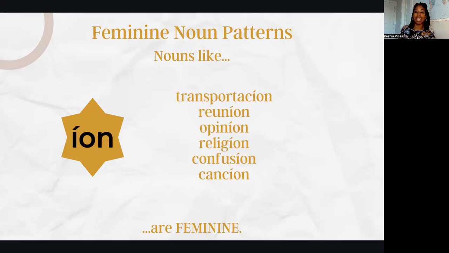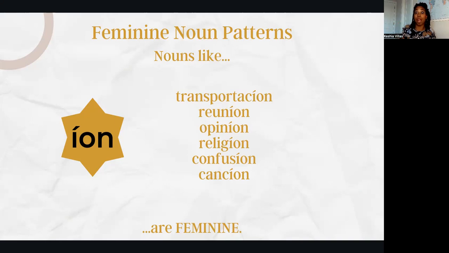Let's go to our words that end in I-O-N. You'll see that there are a variety of different letters that can be in front of the ION, like transportación, which means transportation, is feminine, and it's a CION. Reunión means reunion or meeting, most often used for meeting, which I guess is kind of like a reunion of people. It is NION, right?